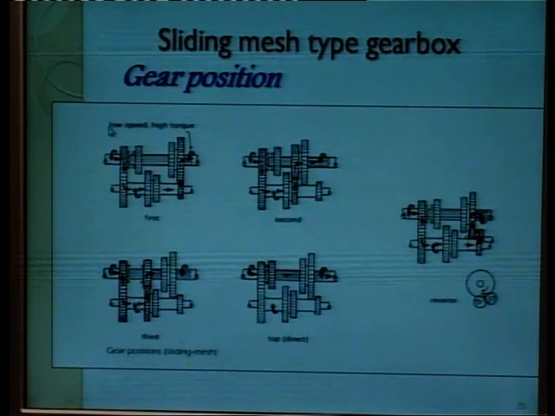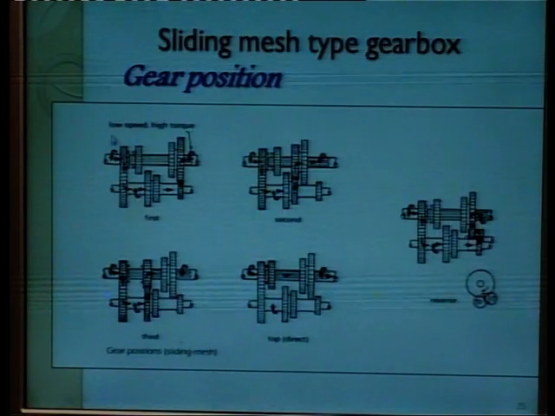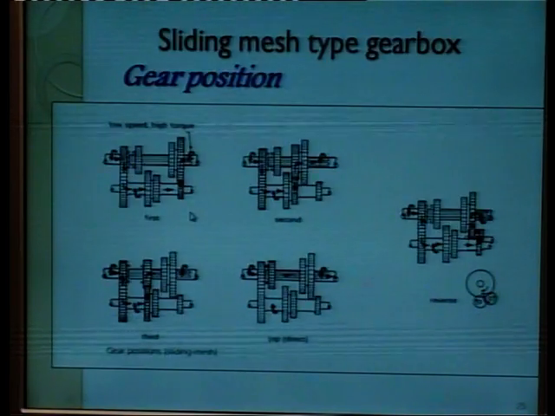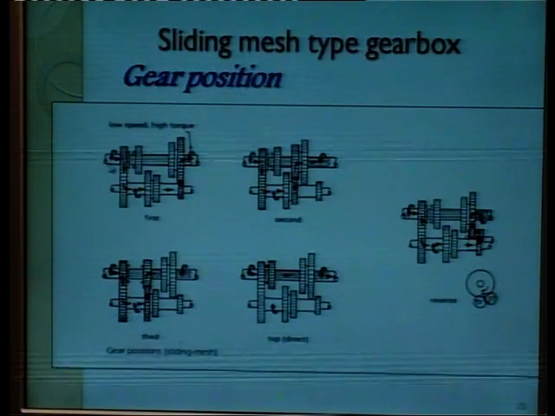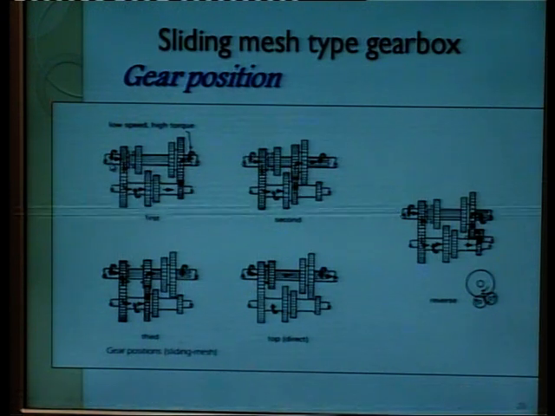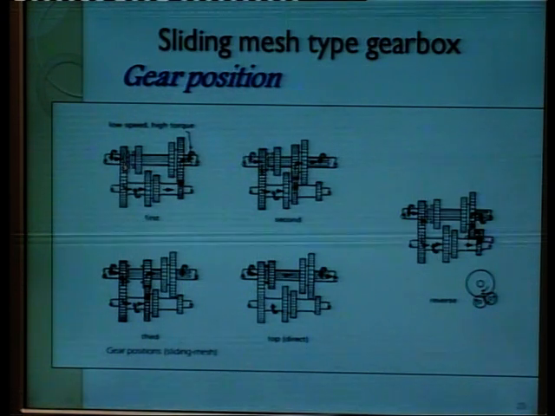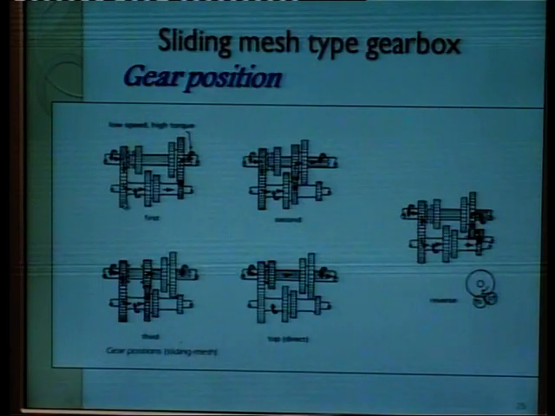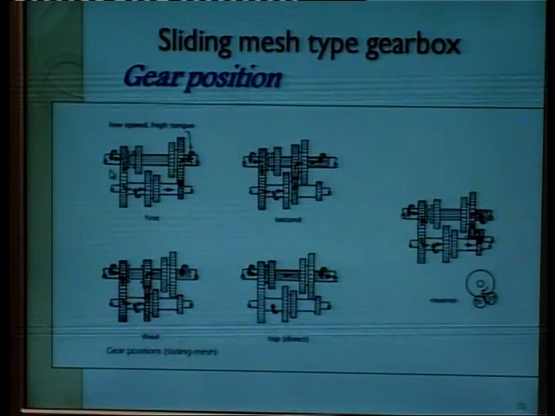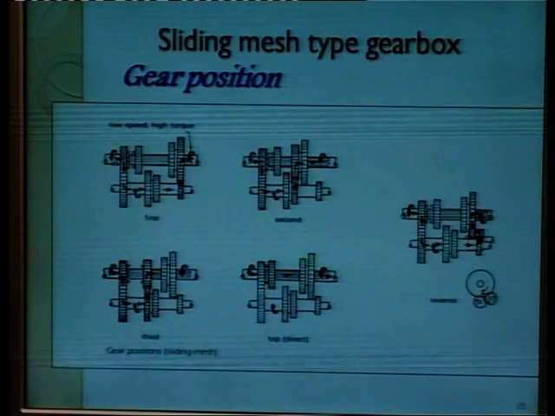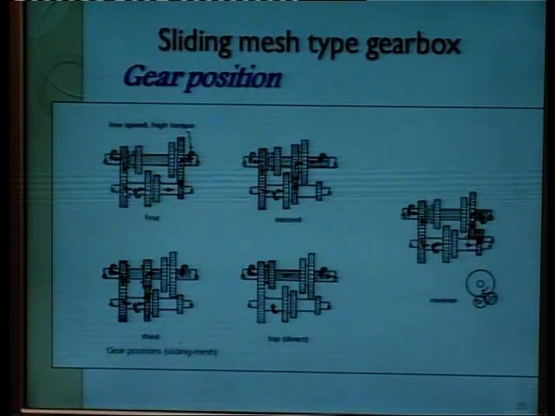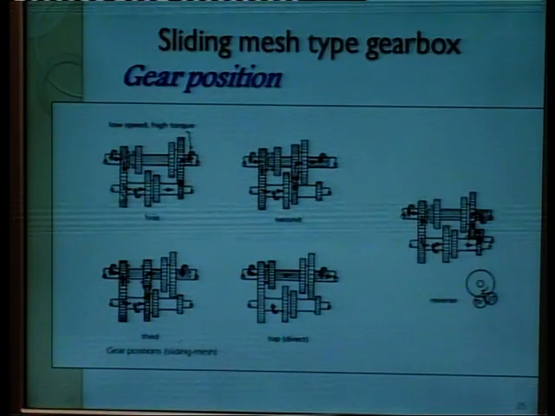Say in this first case, this is the condition of first gear in place. This shaft is the clutch shaft coming from the engine after the clutch, and this gear is known as the clutch gear. When the engine is running and the clutch is engaged, this clutch shaft is running and a positive gear is meshed with this.